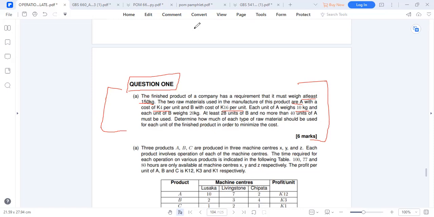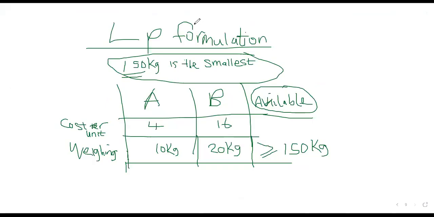We are simply saying at least 20 units of B. Units.